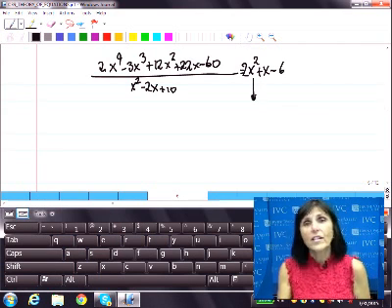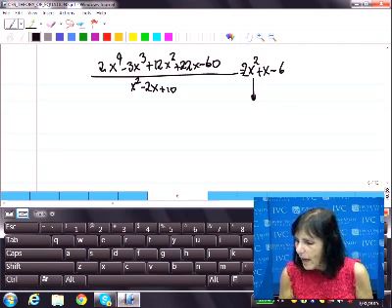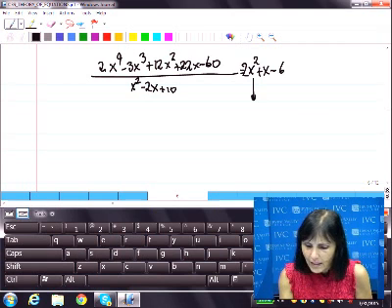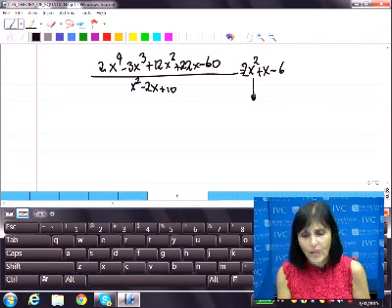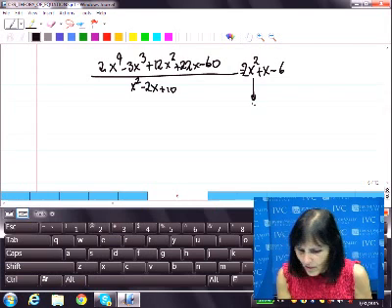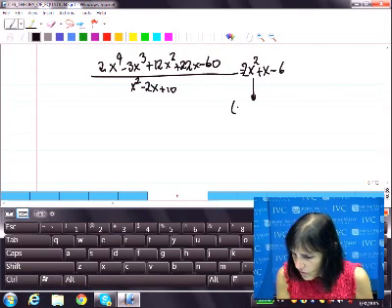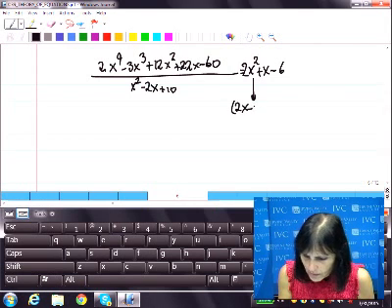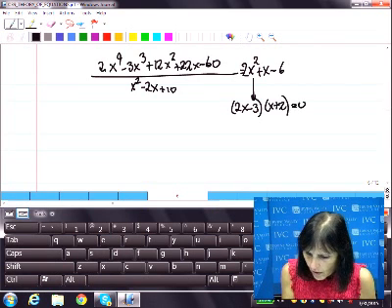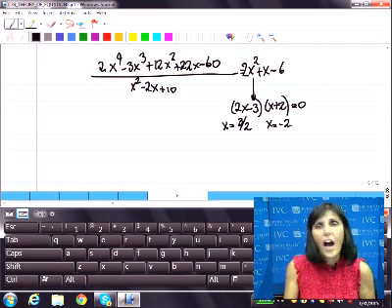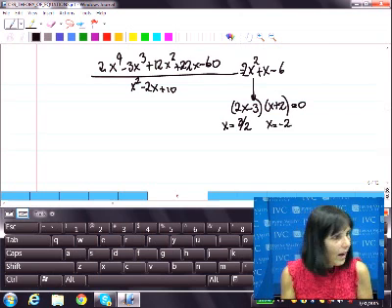This is a quadratic, and finding its roots is very, very easy. You can use factoring: (2x minus 3)(x plus 2). That gives me the other 2 roots, 3 halves and negative 2. You see how fast we got there.